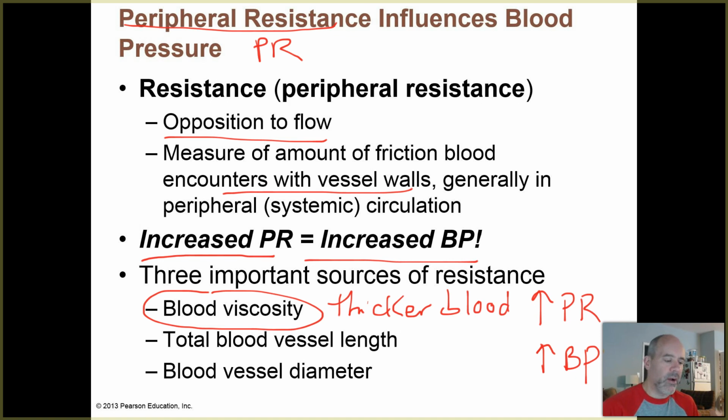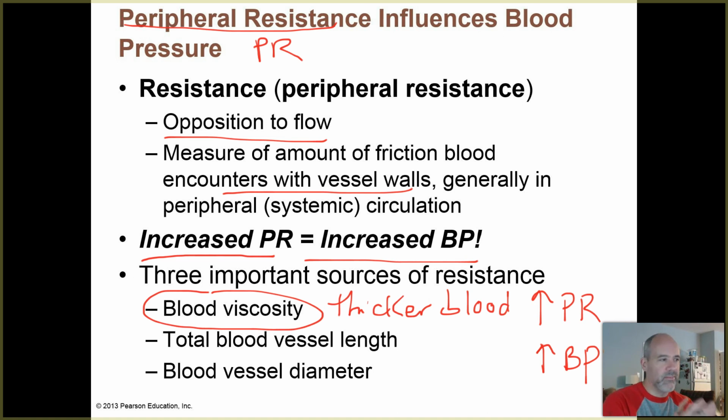Now, I kind of caught myself, but I almost said dehydration, and that is true. When you're a little bit dehydrated, you've lost some body fluid, your blood does get thicker, and your blood pressure will go up a little bit, but that's kind of a temporary thing, and I think that can be kind of confusing to think about, because if you keep getting more and more dehydrated, your blood volume starts to go down so much that your blood pressure actually starts to drop as well, because your overall blood volume is another one of those major factors that influences your blood pressure.